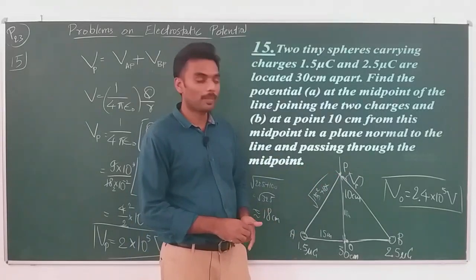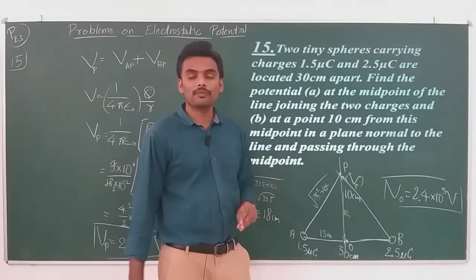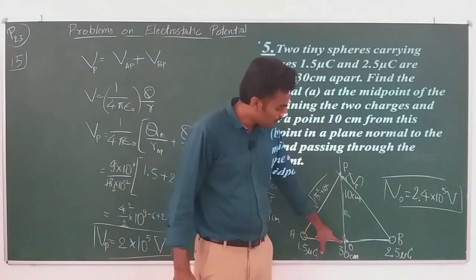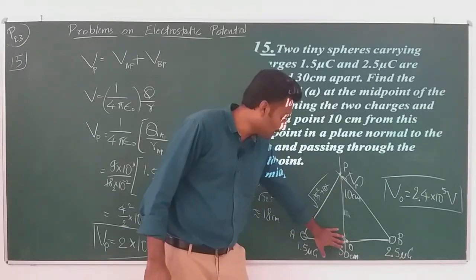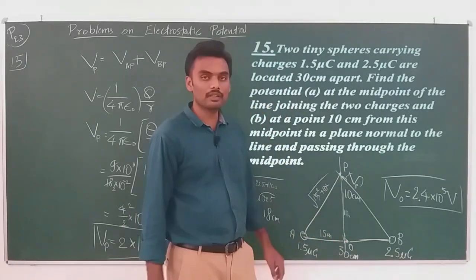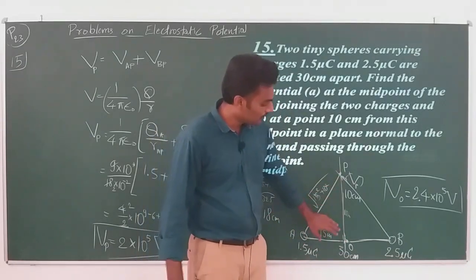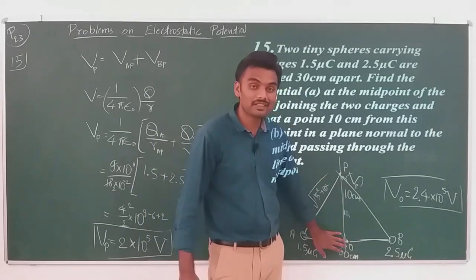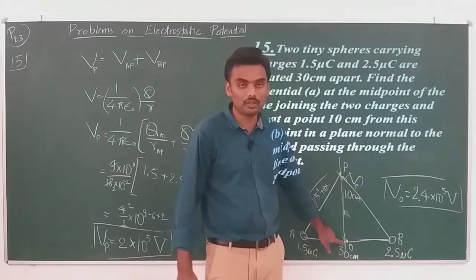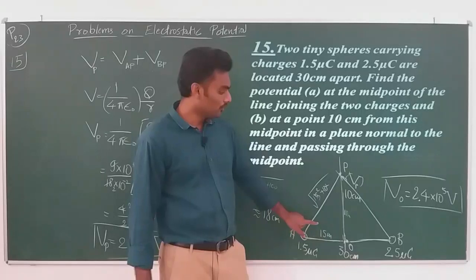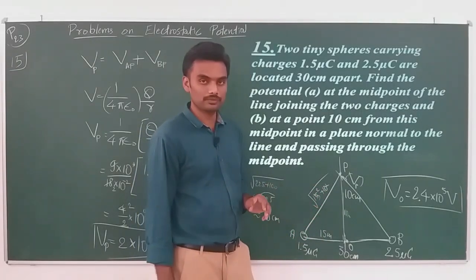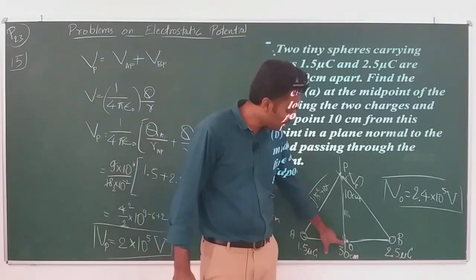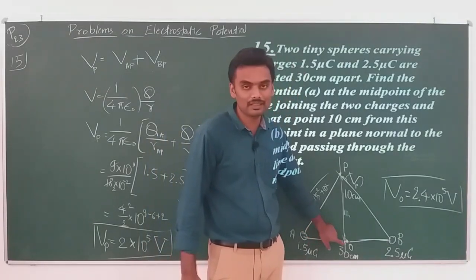What you need to do is, see, the potential at this position can be found, right? So the potential energy of the charge at this point can also be found. The potential energy U is equal to VQ, the potential energy of this charge at this point.